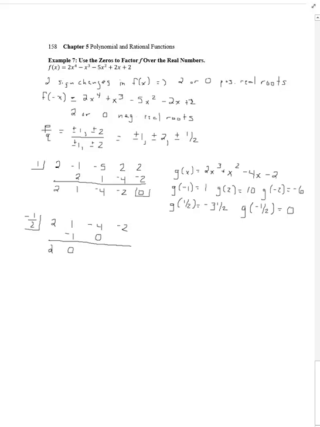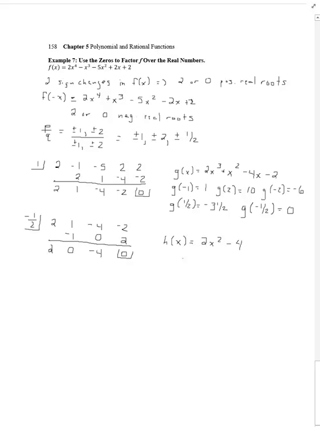Anything times 0 is 0. So add. Negative 1/2 times negative 4 is a positive 2. Yay. And our depressed equation for this one is 2x squared minus 4.